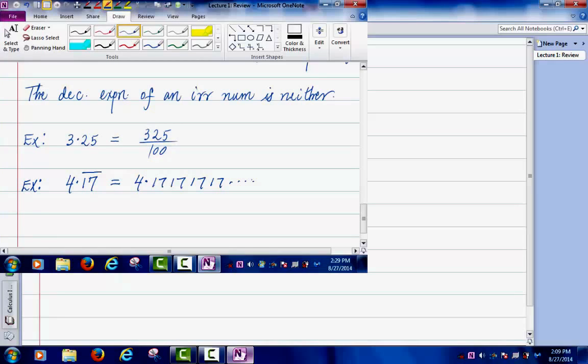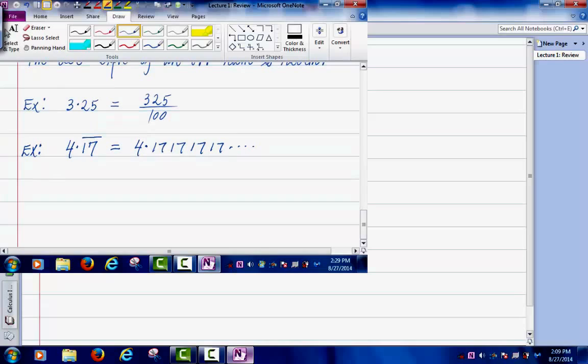We want to see why this is a ratio of two integers, right? Why is this a ratio of two integers? How do I see that? Anyone knows?